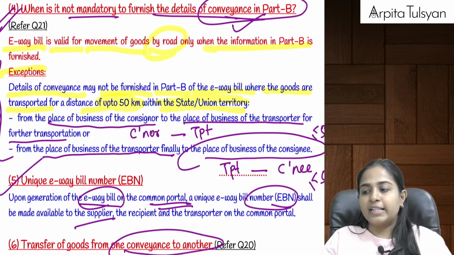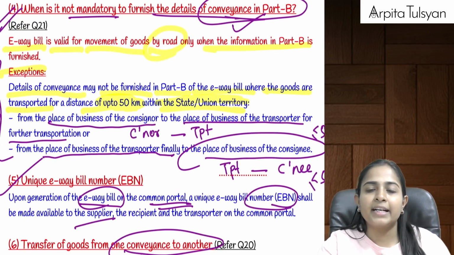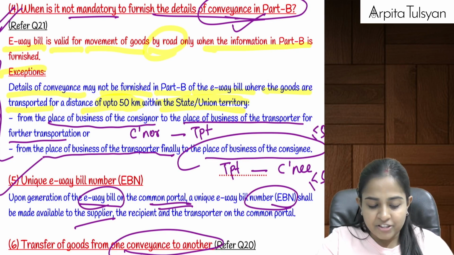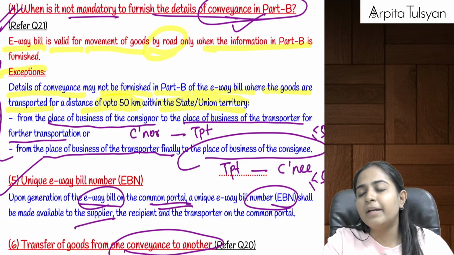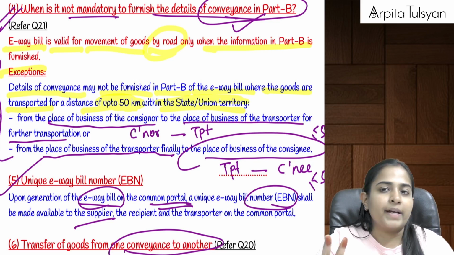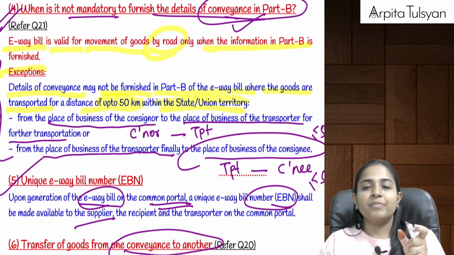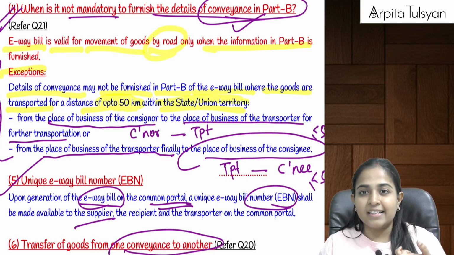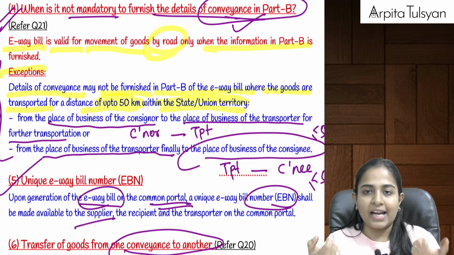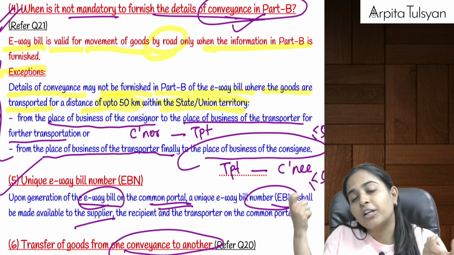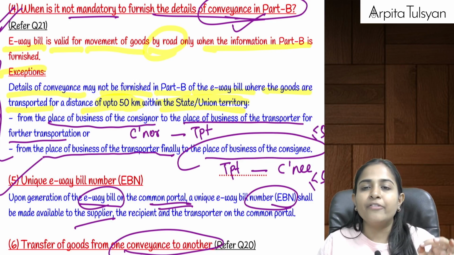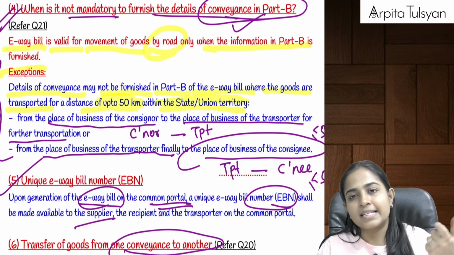Then, just now I told you that an e-way bill is generated only after filling part A and part B of the e-way bill. But there are two exceptions to it. When the distance between the consignor's place and the transporter's place is up to 50 kilometers, meaning I have sent the goods to the transporter's premises for further transportation, then even if you fill only part A, that is sufficient.